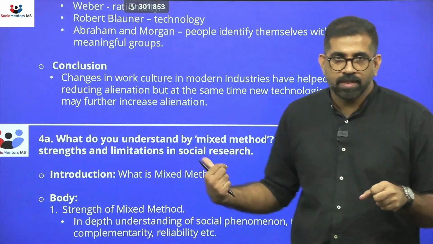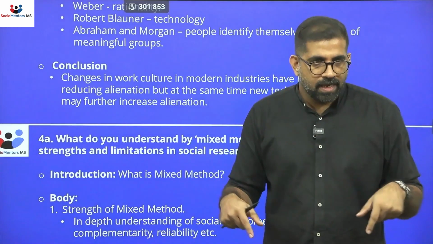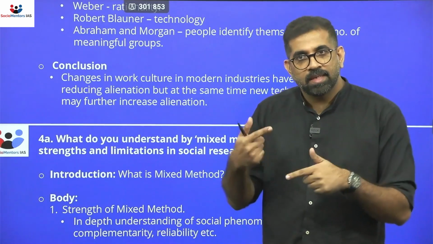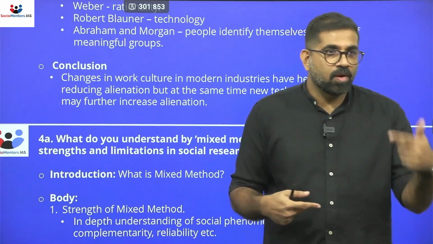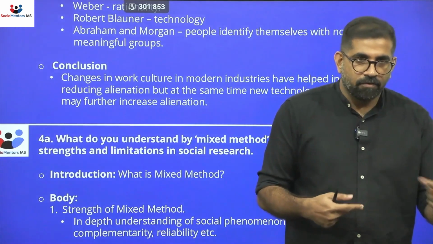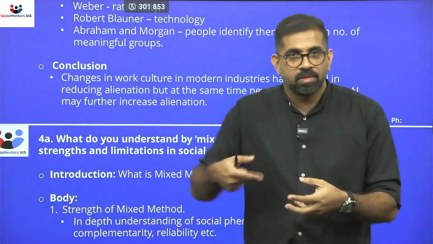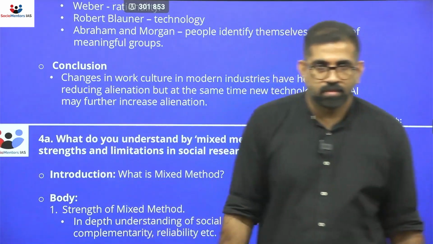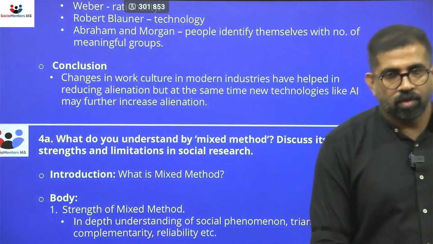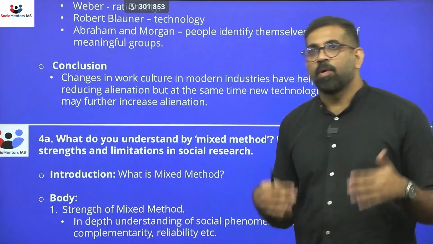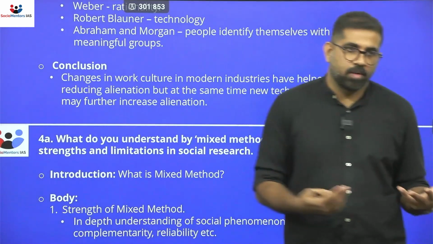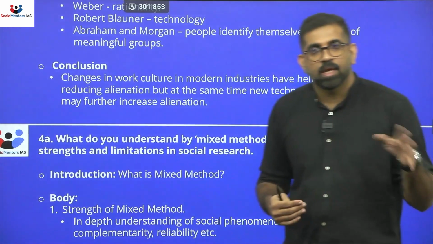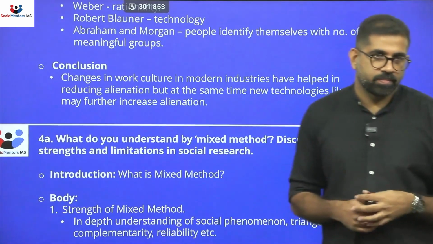The current relevance is that, because of the change in nature of work, alienation has reduced in modern workplaces, but at the same time, technological changes like AI increase the risk or concerns of alienation. Because the most important thing everyone says about AI is that it will lead to job loss. When job loss happens, that can also lead to alienation. Clear?